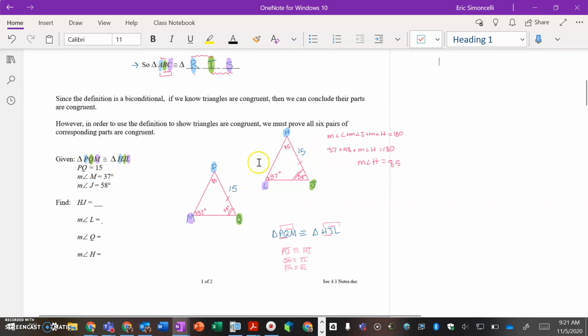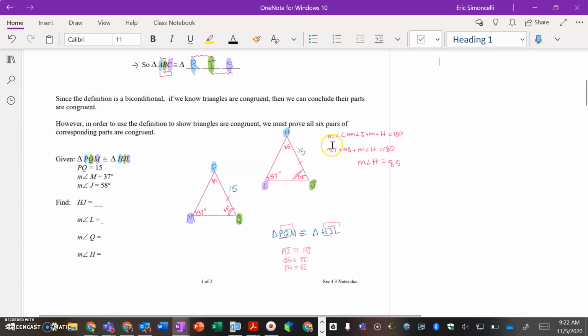So 15, of course, as you see. Angle M is 37 degrees. And of course, so is angle L, as these are congruent. And then last but not least, angle J is 58, which is congruent to angle Q, 58 and 58.